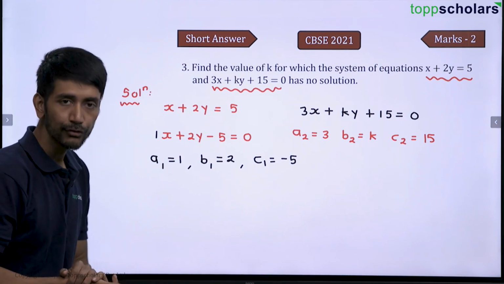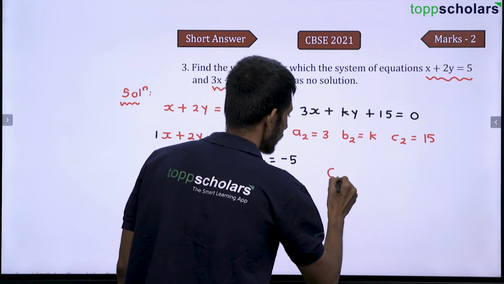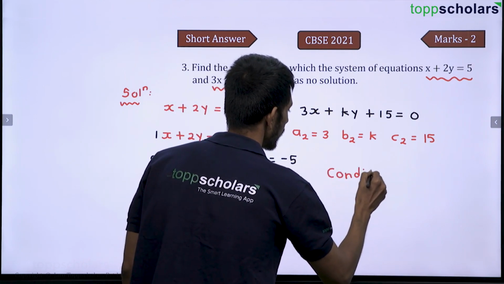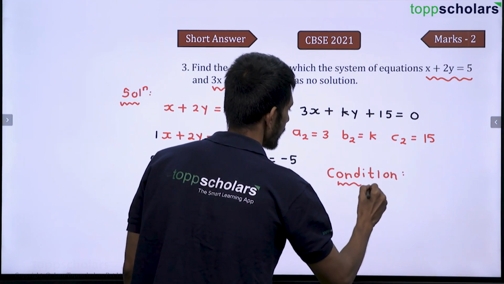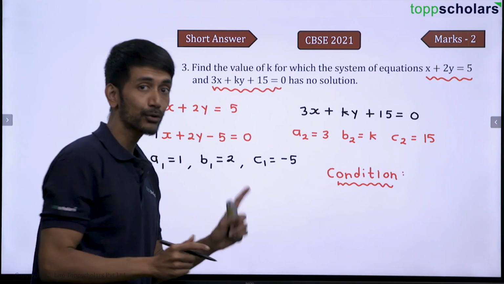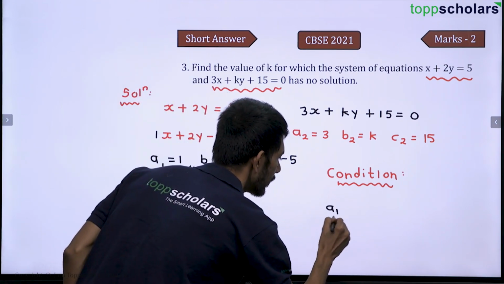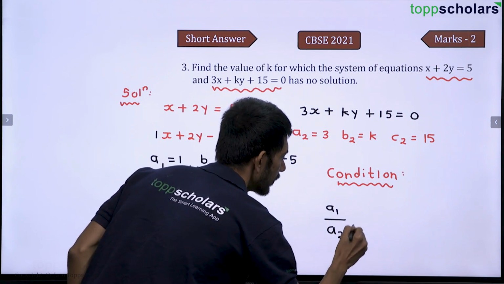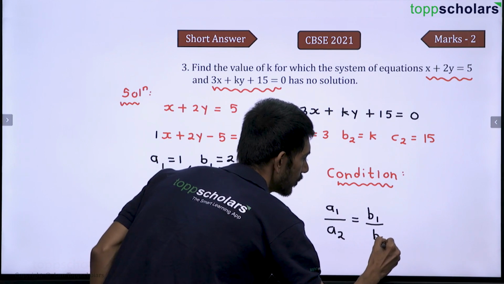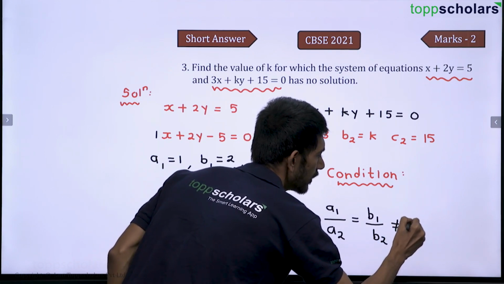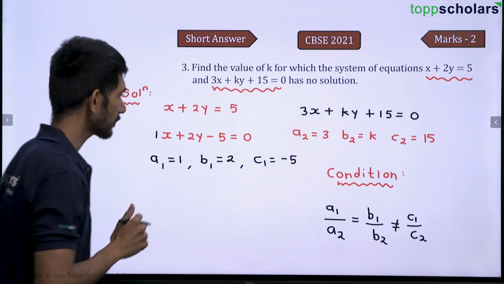Now what is the condition for no solution? The condition for no solution is, do you remember? I also told you this in the previous questions. The condition is a1 by a2 is equal to b1 by b2 is not equal to c1 by c2.